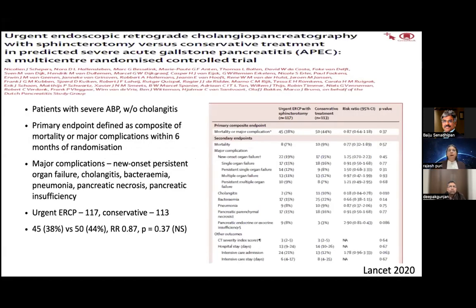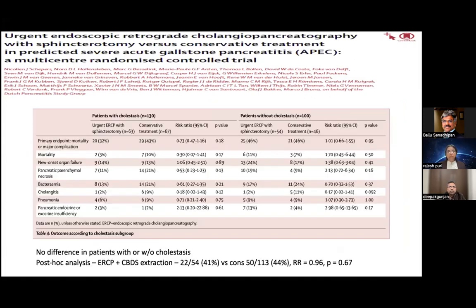This is the landmark APEX study published in Lancet 2020. What they saw is that urgent ERCP with sphincterotomy versus conservative management made no change in the mortality and morbidity in a patient without cholangitis. Even in a patient who has cholestasis, no cholangitis, but jaundice, again there was no significant difference, with or without cholestasis.